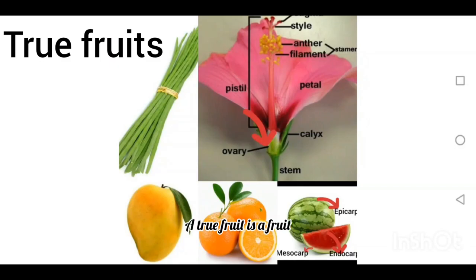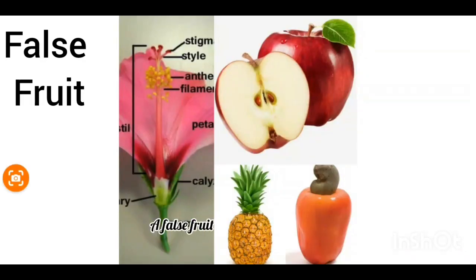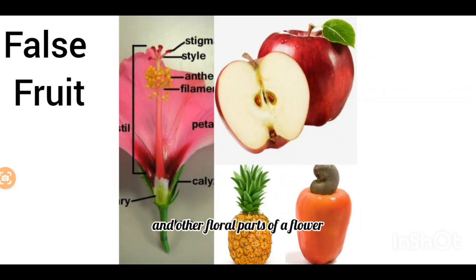A true fruit is a fruit that develops solely from a fertilized ovary, and it consists of a pericarp and seed or seeds. Examples of true fruits are mango, orange, cowpea, watermelon, etc. A false fruit is formed from the ovary and other floral parts of a flower.